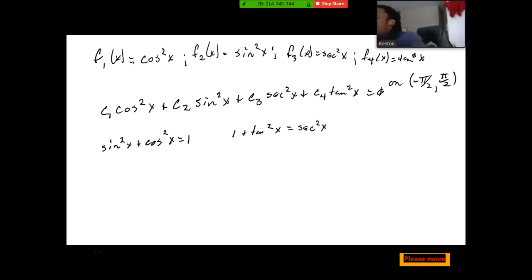Now, the thing that's going to help us here, folks, is those little ones there. But I don't want it to be a 1. I want one of them to be a minus 1. So what I'm going to do is subtract 1 from both sides of this equation, and also subtract the secant squared from both sides of this equation.